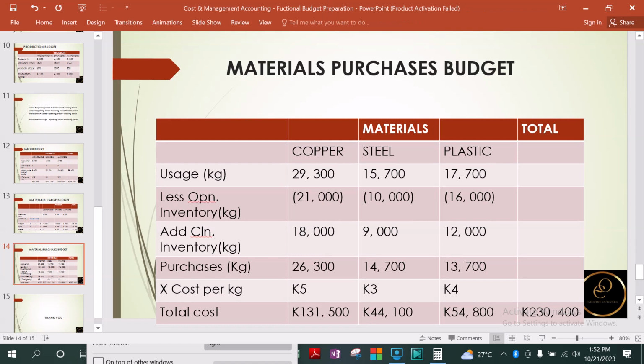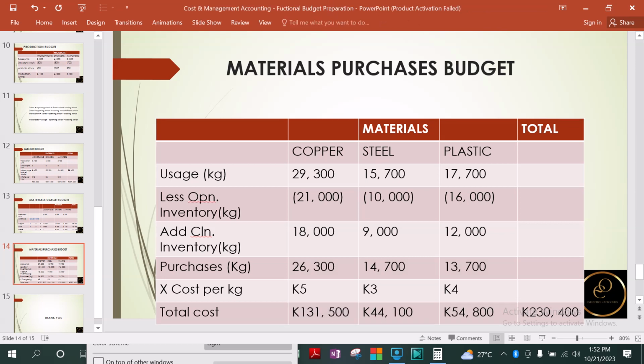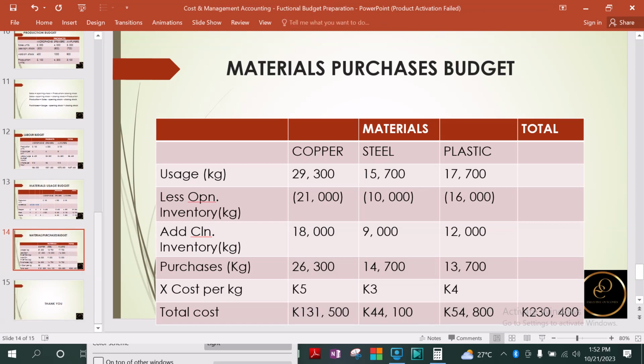The material purchases budget in kgs is this one, and the material purchases cost budget is this one. So that's how we prepare a functional budget.